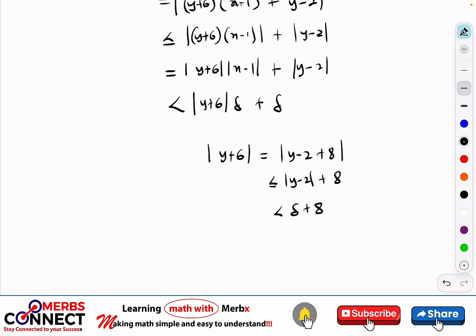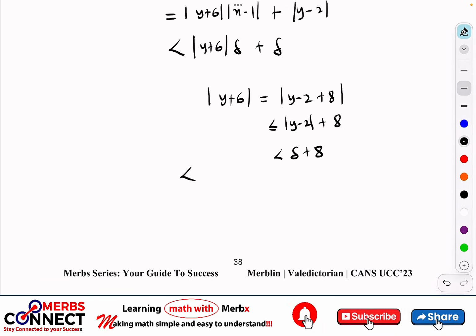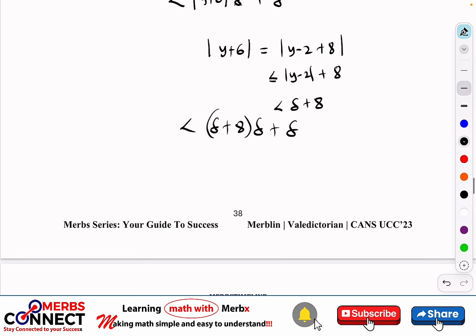Then I'll go and do substitution. So this will be strictly less than delta plus 8 times delta plus another delta. So this is going to be the same as delta squared plus 8 delta plus delta. Now look at this.